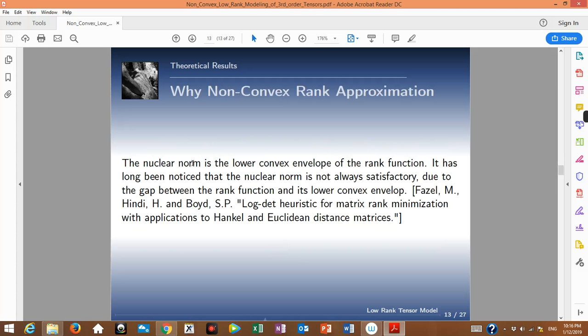You know that the nuclear norm is the convex envelope of the rank function. But if the singular value is very big, there will be a big gap between the rank and the nuclear norm, because the rank is the number of the singular values, and the nuclear norm is the summation of singular values. This was observed by Fazel, Hindi, and Boyd, so they introduced the log determinant to replace the convex nuclear norm.